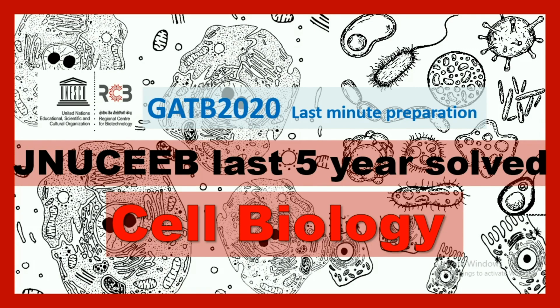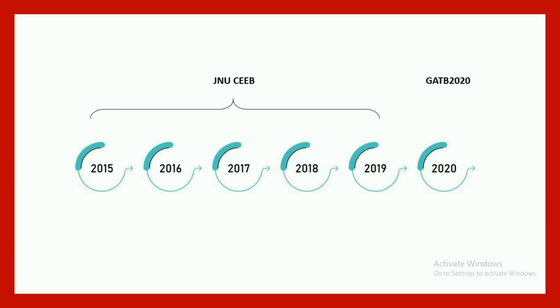So in this video, we'll solve questions from JNU CEEB last 5 years, and the topic is cell biology. I hope this would be very informative for GATB 2020 preparation. Please watch this video till the end and let's begin.